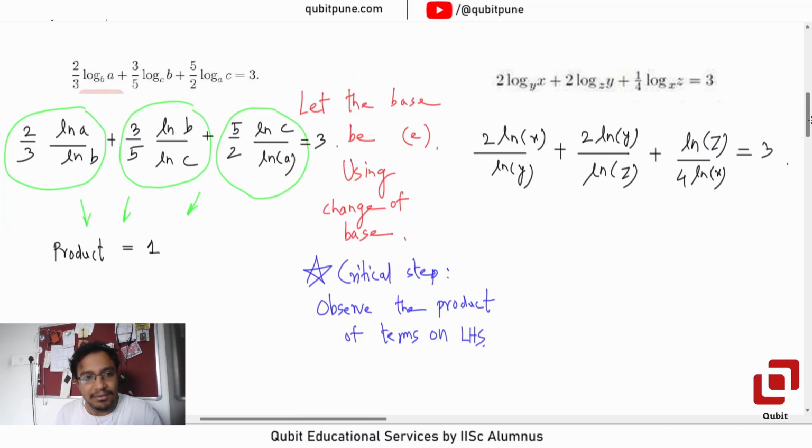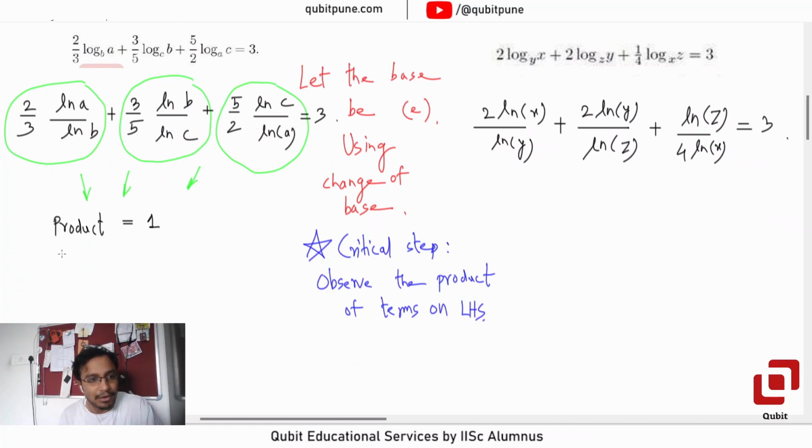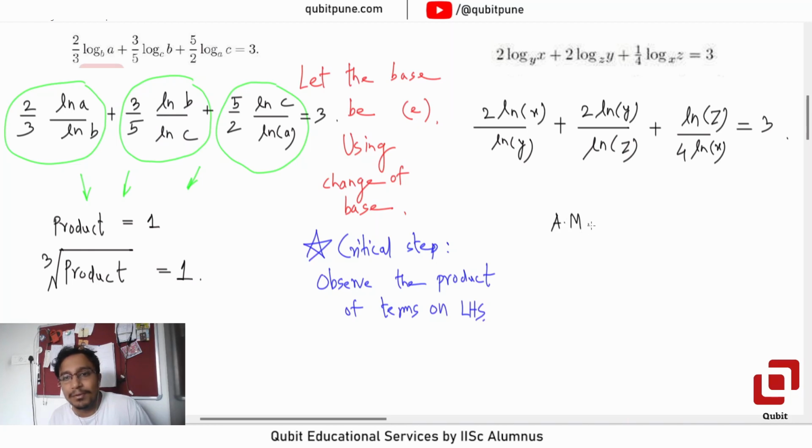If the product is 1, then the cube root of the product will also be 1. Did you understand this?